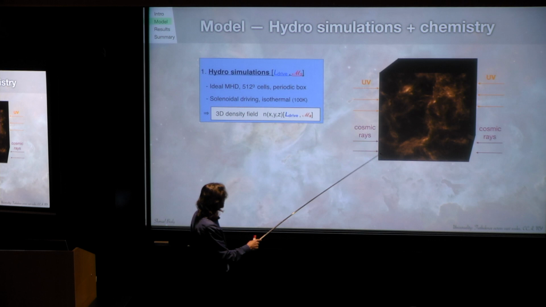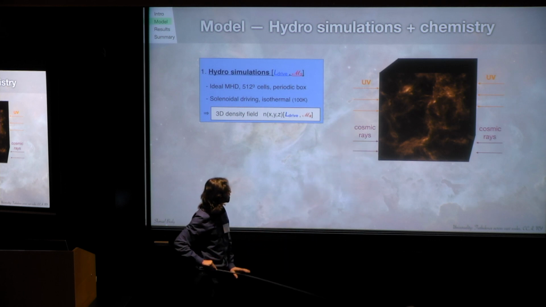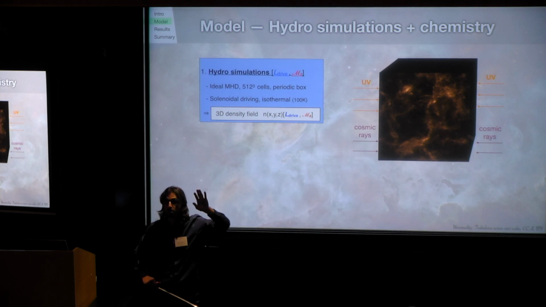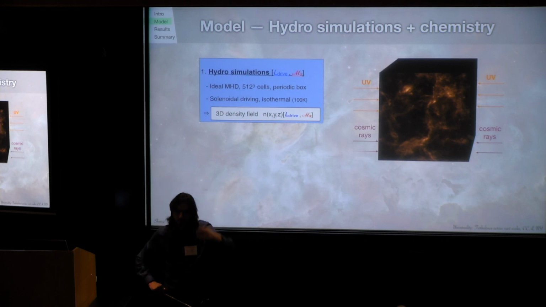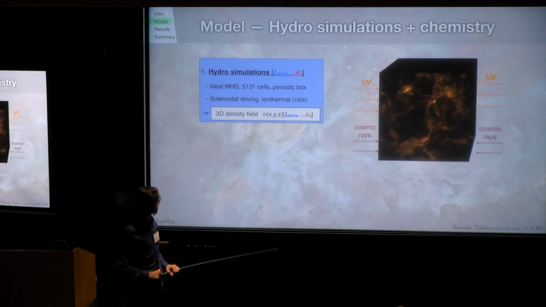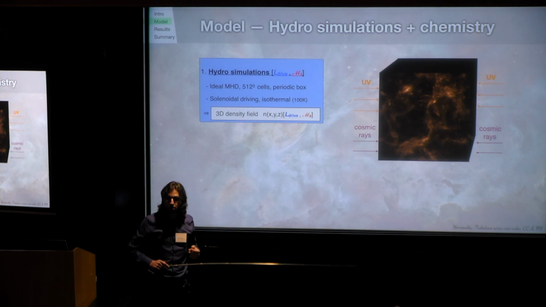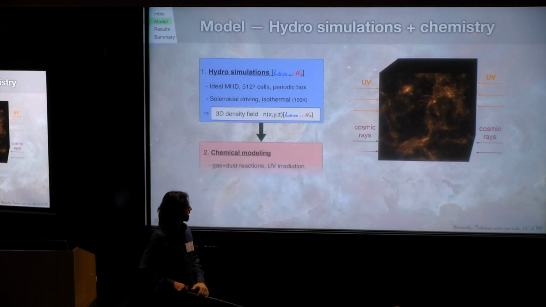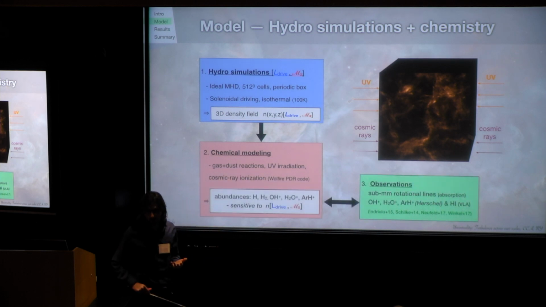So this is an image of the density field when integrated along one axis. Let's call it the line of sight, what you'd see if you have a telescope pointing into this turbulent box. Now, we assume that there's a UV light irradiating this simulation, and cosmic rays also. And now we solve a model of chemical reactions.